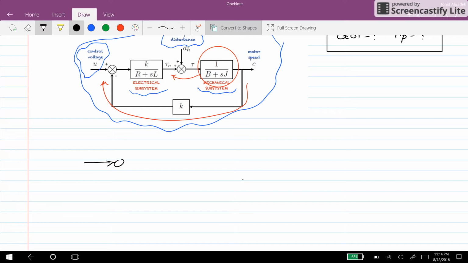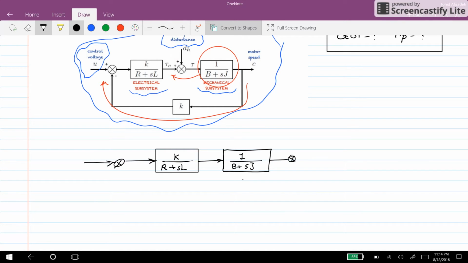So I will redraw the block diagram here. Here we have K over R plus SL. Then if I move this block 1 over B plus SJ, it will appear here, 1 over B plus SJ.